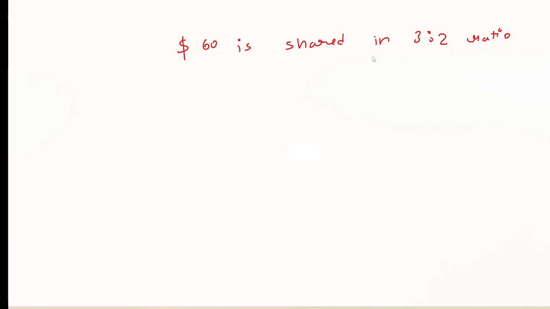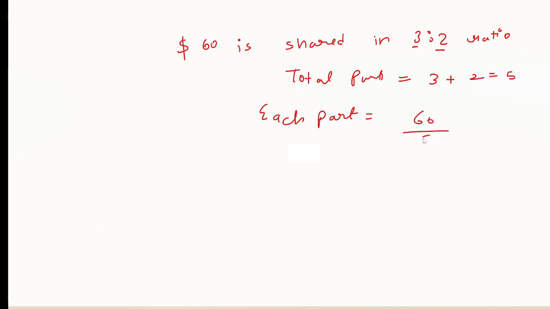Like if there are two people and you divide the $60 in this ratio, what is the first share and second share? So total parts are 3 plus 2, right, which is 5. And each part, if you find each part, that would be 60 over 5, right? 60 is the total and the parts are 5, which would give you 12. 60 divided by 5, right?